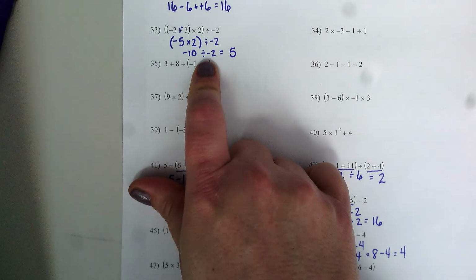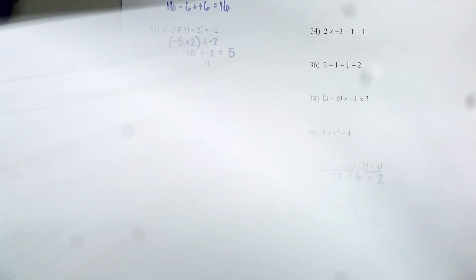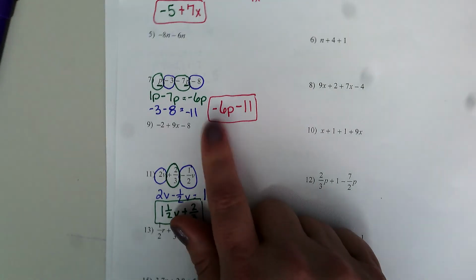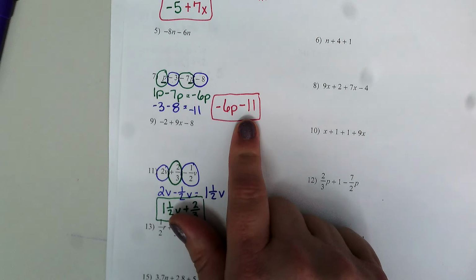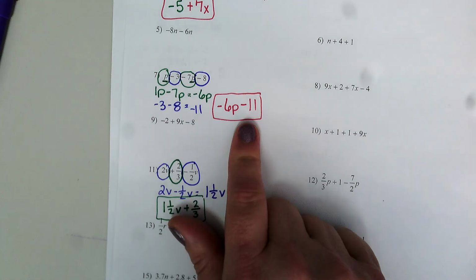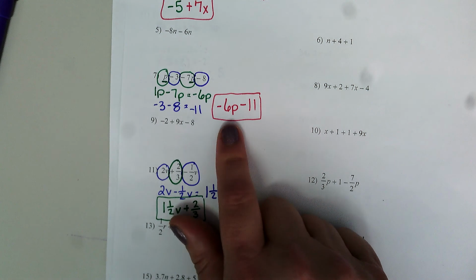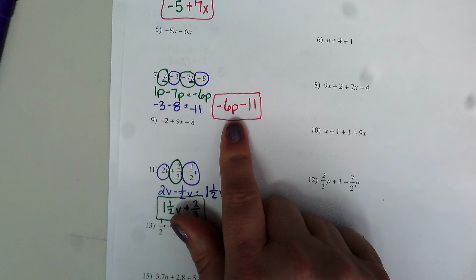All of your constants are considered like terms. These, however, have variables, coefficients, and constants, and you cannot combine them with adding and subtracting. So make sure that you understand that these will not go into one simple answer. They have to just be simplified as an expression.